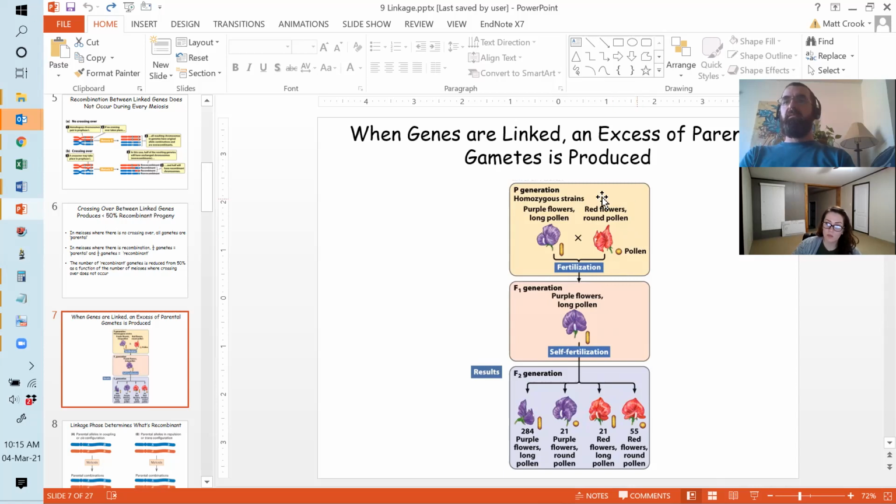And so you can see that combination, red flowers, round pollen, even though it disappears here because it's recessive, it will still pop out together more frequently down here. Those alleles are traveling together, right? And so this disruption of independent assortment, which then leads to this odd looking ratio, that is because of linkage.